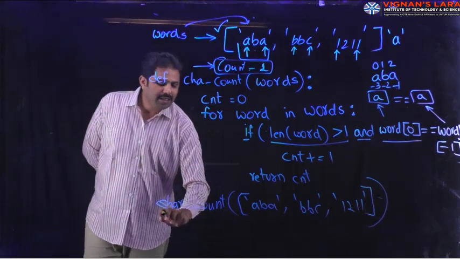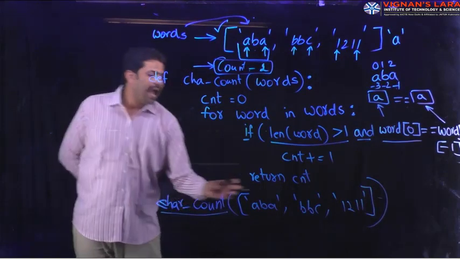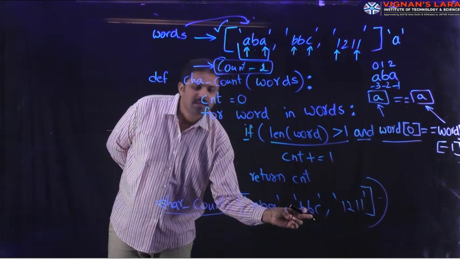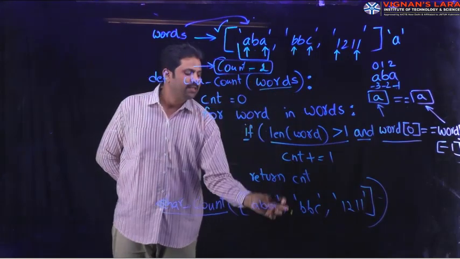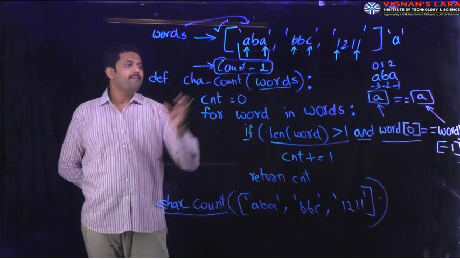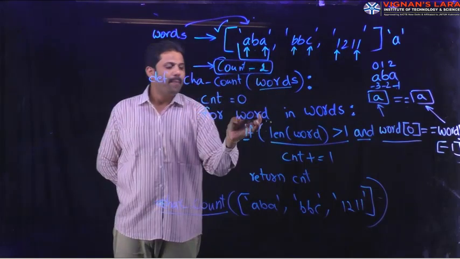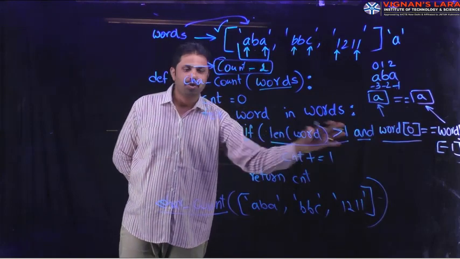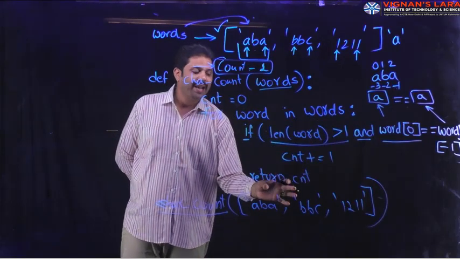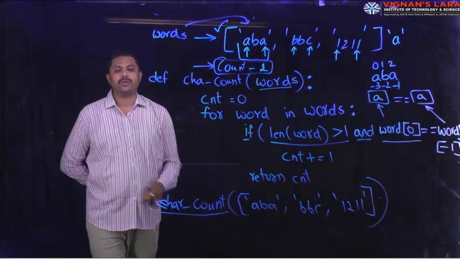If I call this function, I pass this list to the function. Now words contains this list. This list goes to the for loop, which performs iterations, checks the conditions and increments the count. Finally, it returns the count.